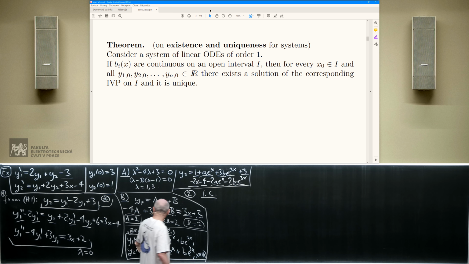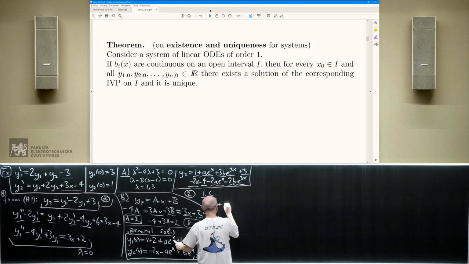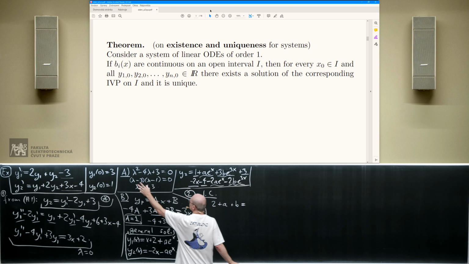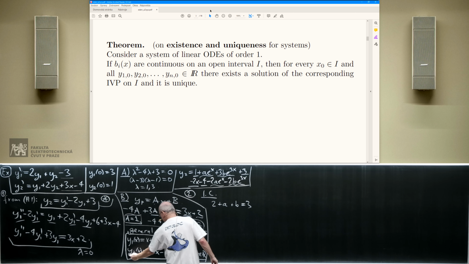Let's see. 0 into y1: 0 here, 2 here, 0 here, so it's plus a, 0 here, so it's plus b, and this is supposed to be 3. y2: 0 here, 0 here, so it's minus a, 0 here, so it's plus b, and this must be 1. That's the requirement.